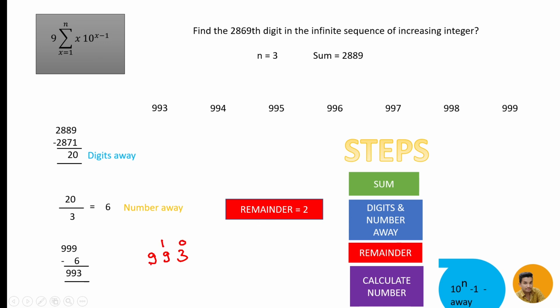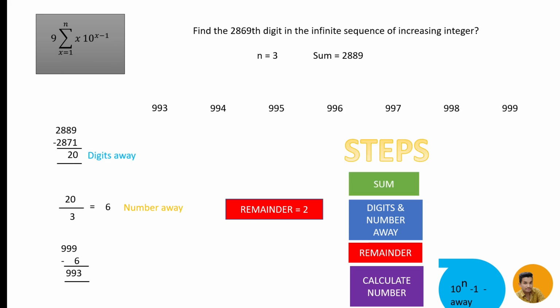If the remainder is 1, this is our answer, and if the remainder is 2, then this is our answer. If you look cleverly, this number is an integer. If you convert this into a string, you get a clever property of the string which comes with indexes, right? 993 comes with indexes 0, 1, 2. It is just written in reverse, so we can handle it.